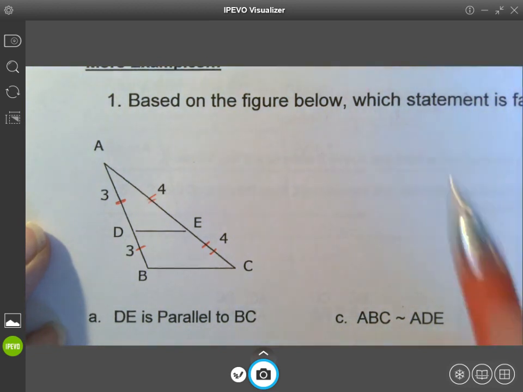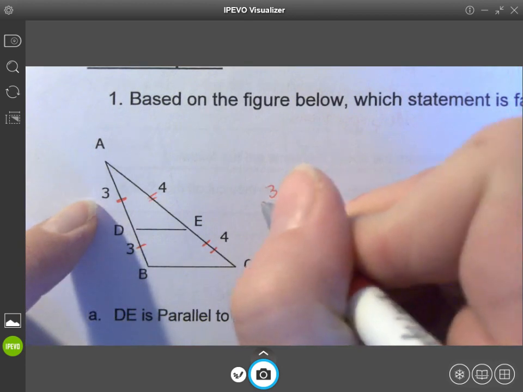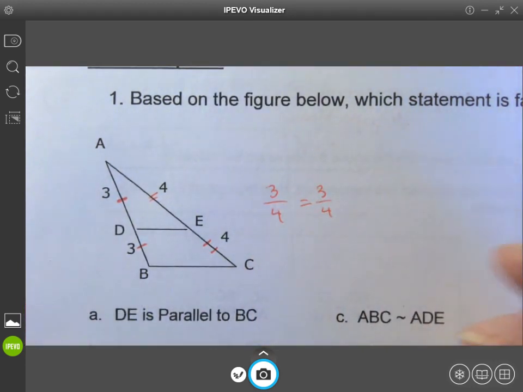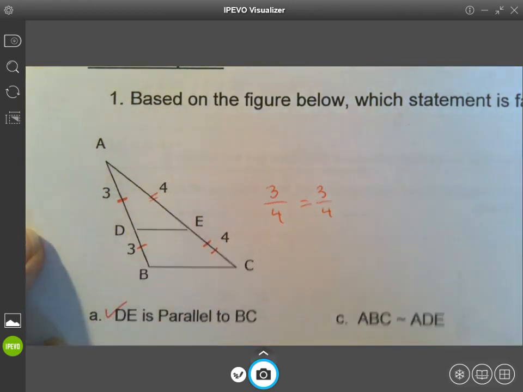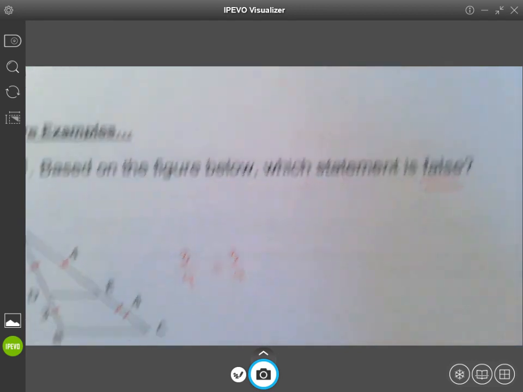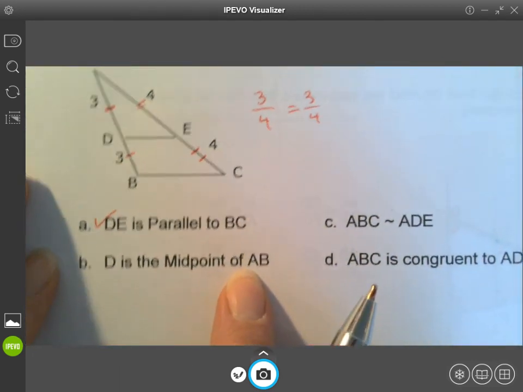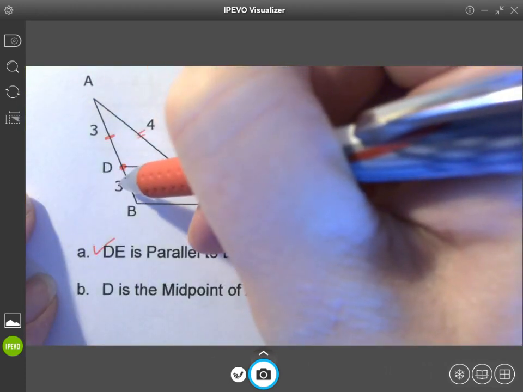Okay, so what's true? Guys, if these are proportionate, right? If you did this, 3 over 4 equals 3 over 4. So I can say that DE is parallel to BC. Yes. It asks which one is false, by the way. So that is true. D is a midpoint of AB. Well, by definition, a midpoint, absolutely, because these two pieces are equal.